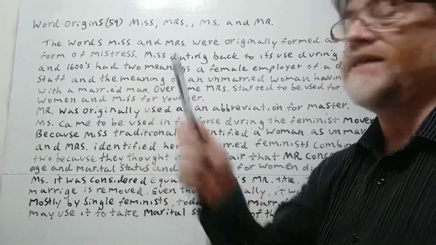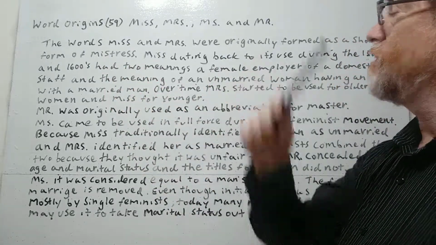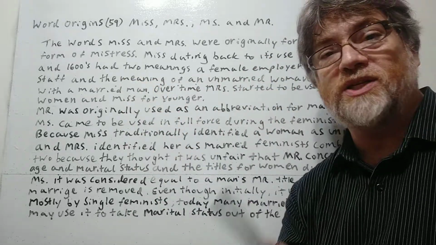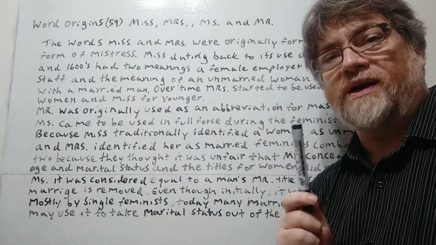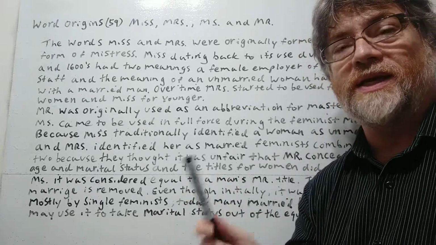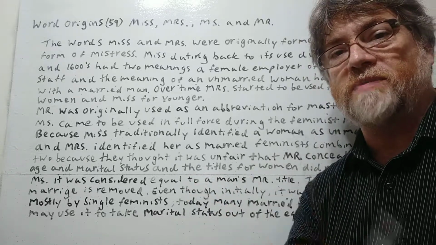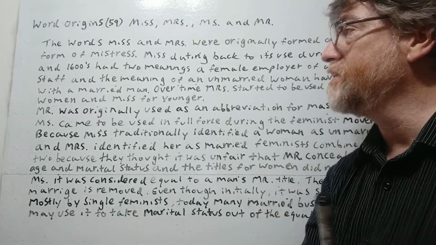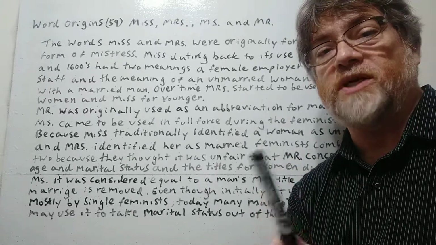Okay, let's get back to the note here. The words Miss and Mrs. were originally formed as a short form of mistress. So originally they were kind of equal. It didn't really have anything to do with whether you were married or not, at least going back to the 1600s. They were just short forms of mistress.